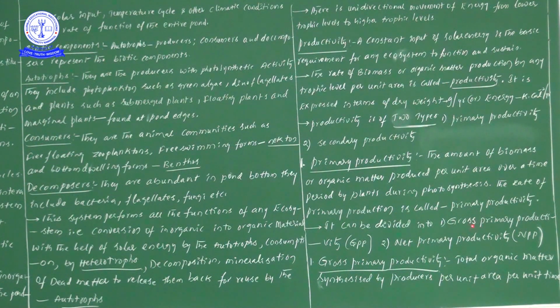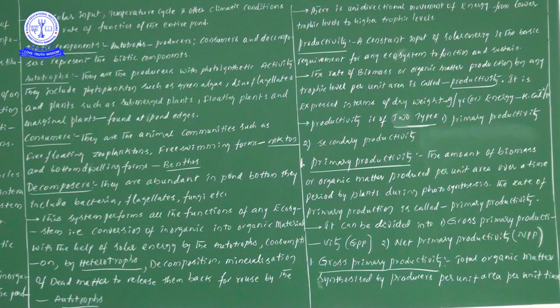So gross primary productivity is the total organic matter, and GPP minus respiratory losses, R, finally gives us NPP, which is net primary productivity.